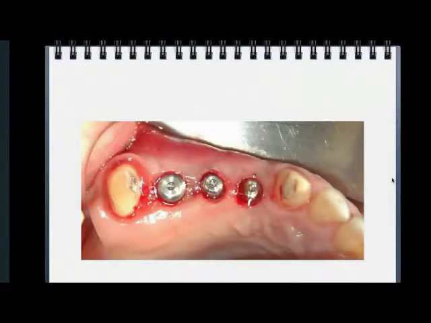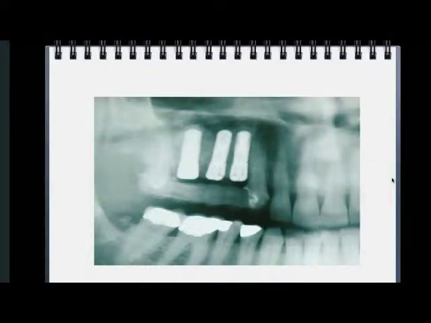Again, with a flapless procedure, I need to estimate the width of the bone, the undercut position, and also the height of the bone.